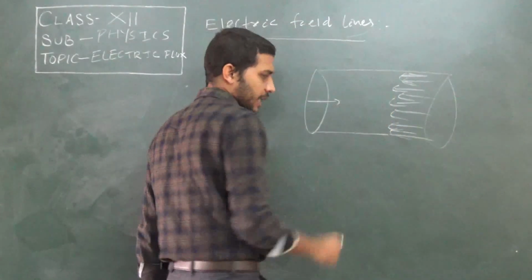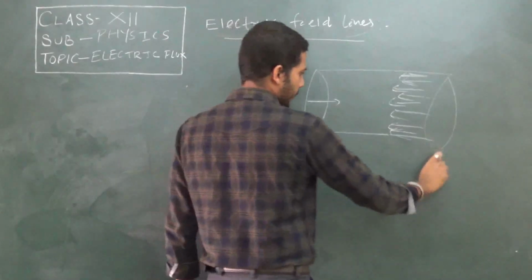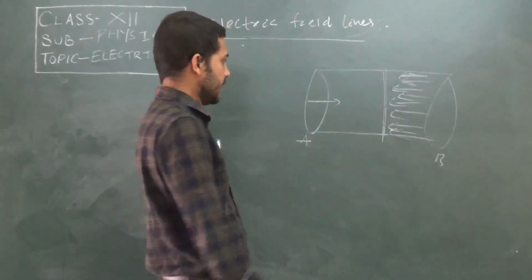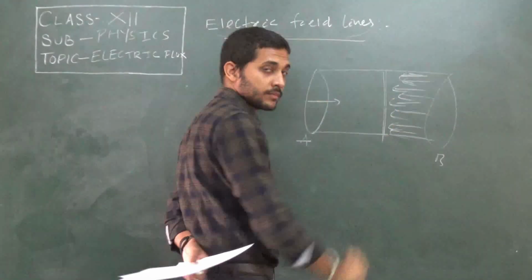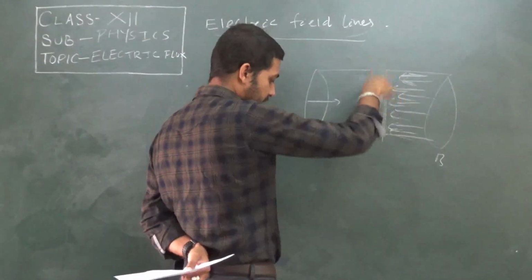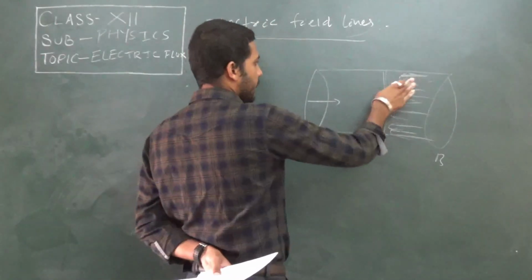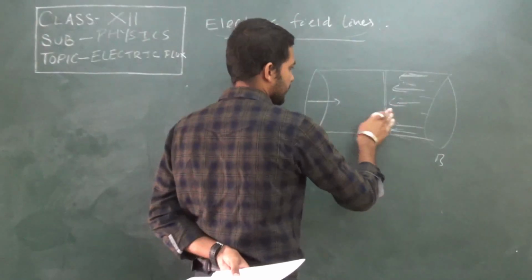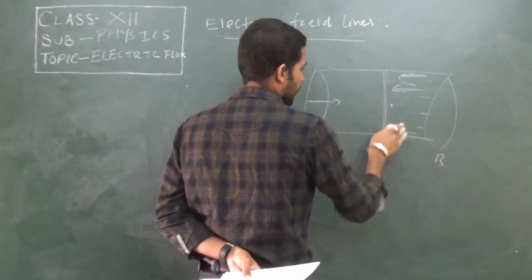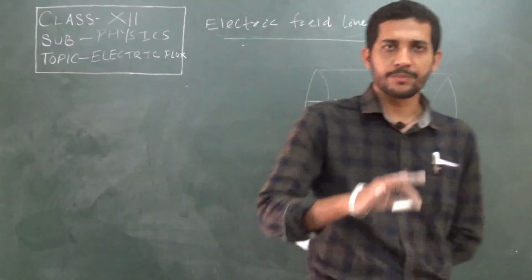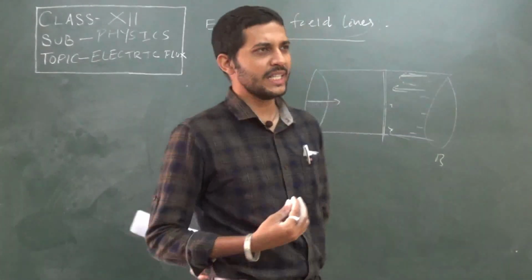So when you will start to move from point A to point B, if the density of people is very high, then it will be very difficult for you to cross them. That means in a rush, in a crowd, it is difficult to walk. But if the number of people here is very less, then easily you can cross. That means in a spread out, empty place, you can easily walk.